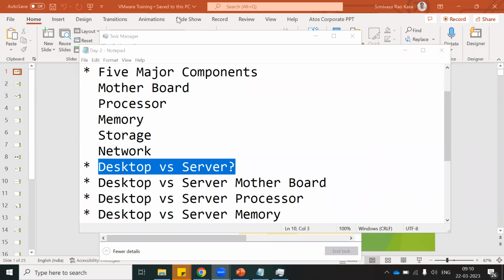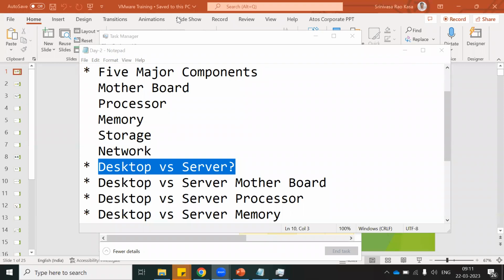Yeah, please. Myself, Srinivas. A server is a device which gives services to other receivers. Whereas a desktop does not have as many facilities as the servers. It's a minimum hardware device which can be used personally.